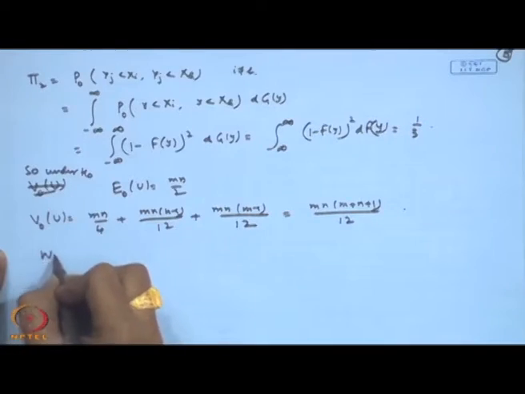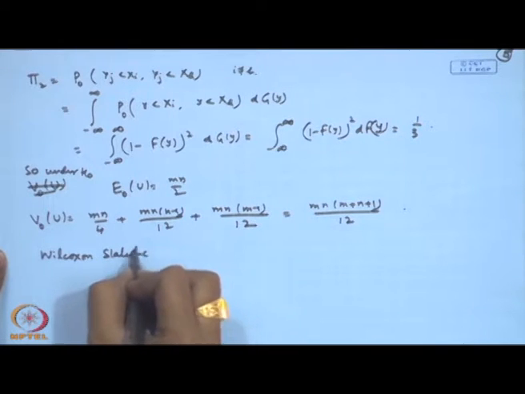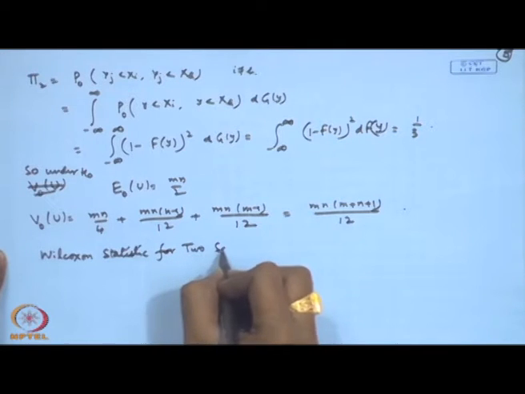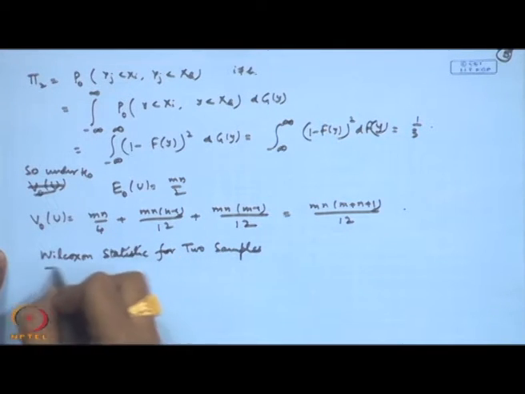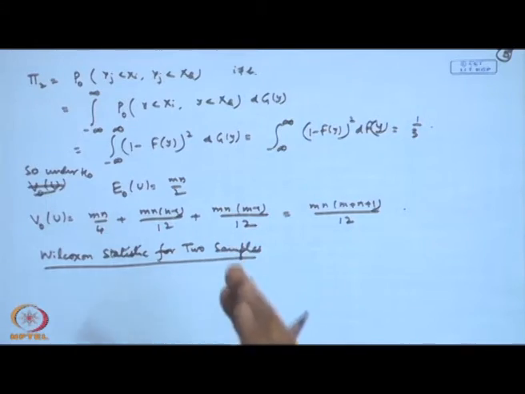Now, let us consider a variation of this, that is called simply the Wilcoxon statistic for two samples. First, we combine all the observations x 1, x 2, x m and y 1, y 2, y n, and we treat it as one sample.